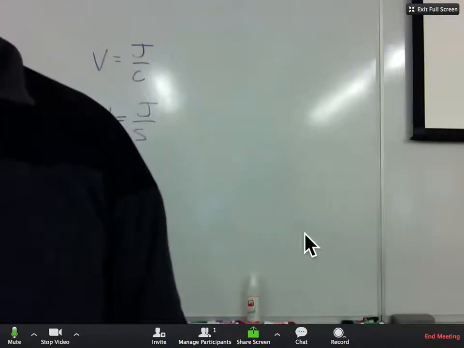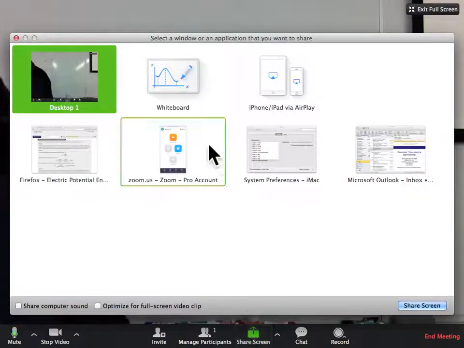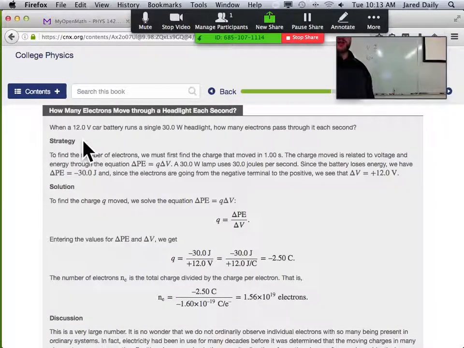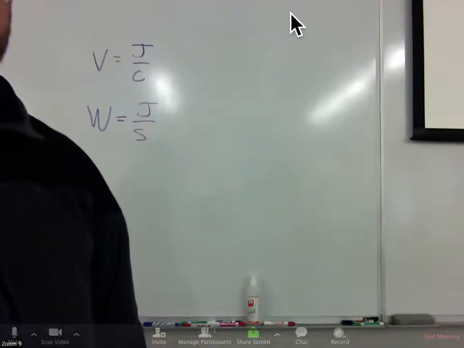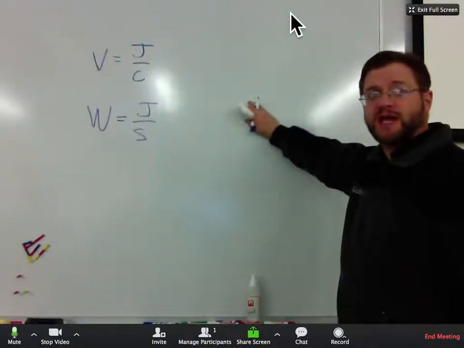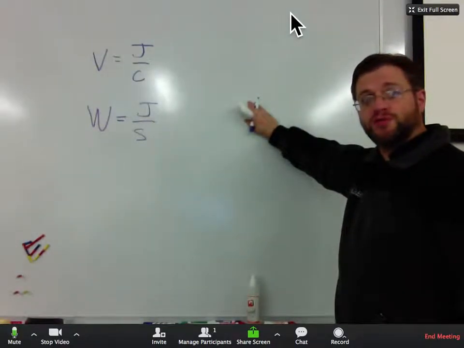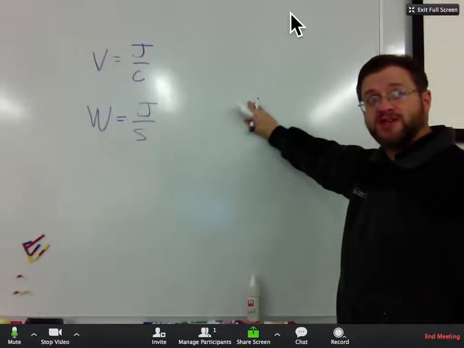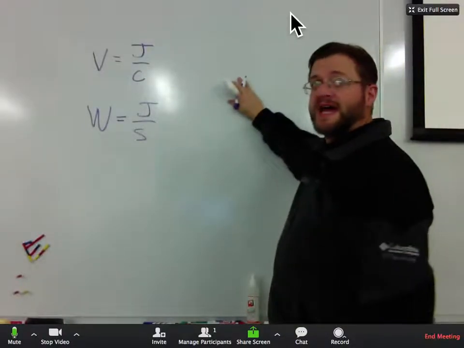And the question that they want us to answer is how many electrons pass through it each second. Then we need to use these two things to figure out what? Electrons per second would be charge per second, so it would be coulombs per second. And then we would figure out how many electrons by dividing by the charge of an electron, right? So we need to figure out coulombs per second from these two things.